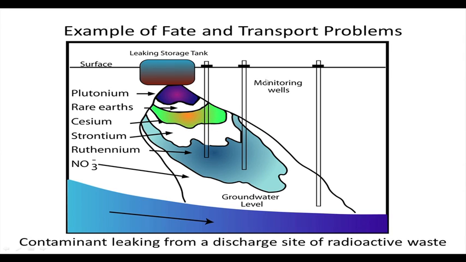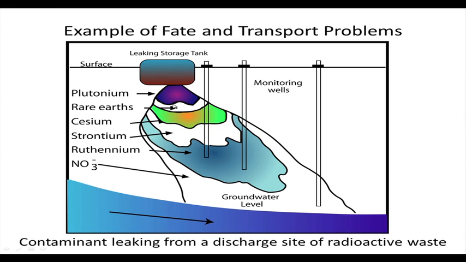You have to put in a series of monitoring wells across this contaminated site to give you an idea of how far the waste has traveled, how far the different chemicals have traveled. After we get this data, we can also model how long it will take for some of these contaminants to travel all the way to the groundwater level.